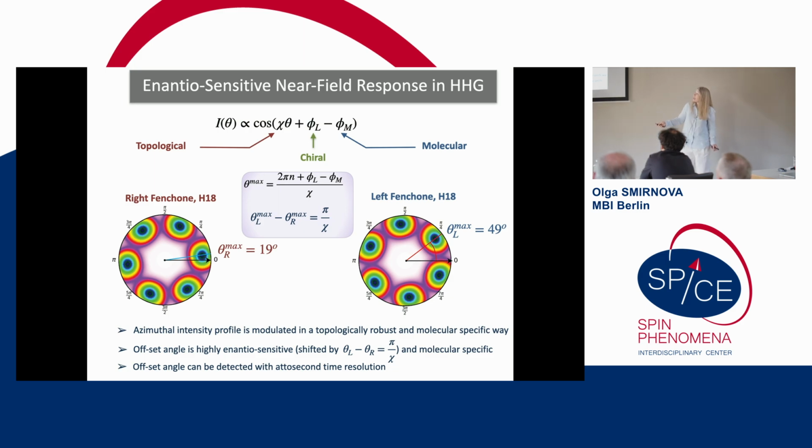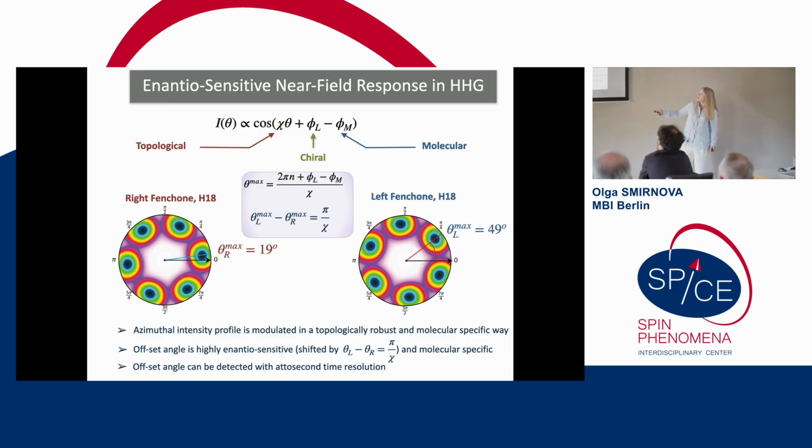And what I look at here is a near field structure that we get for right and left molecules. What is most clear is that you have 6 hotspots, the maxima of intensity. But if you look very hard, you will see that these two images are rotated from each other.